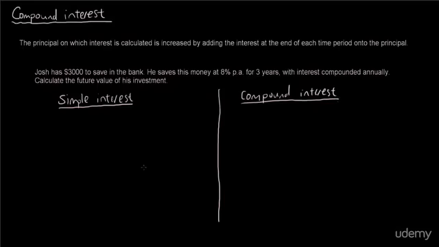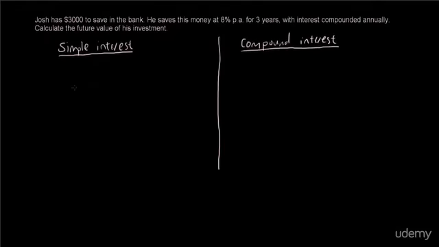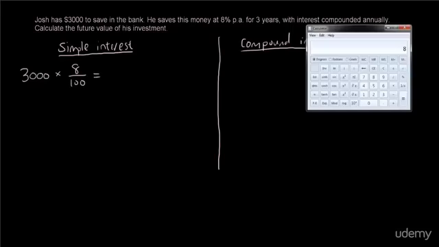Now, if you remember simple interest, basically all you have to do is find out what 8% of $3,000 is. So 3,000 times 8 over 100 is $240.